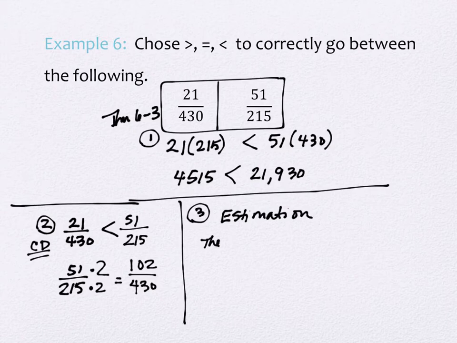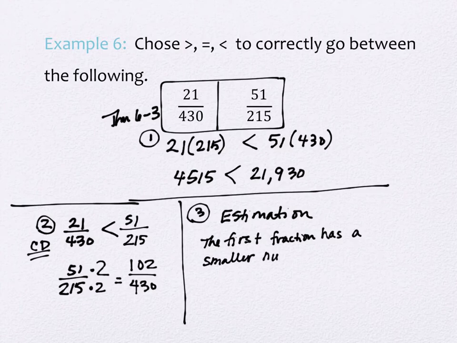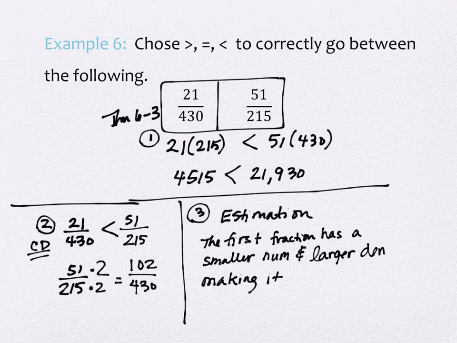So the first fraction has a smaller numerator and larger denominator, making it smaller automatically, smaller than the second.